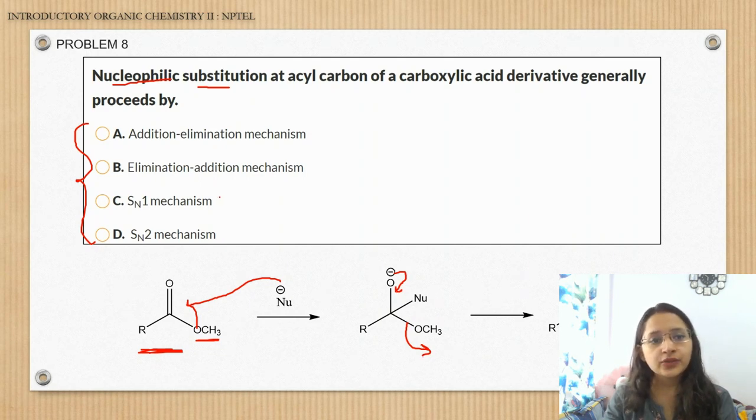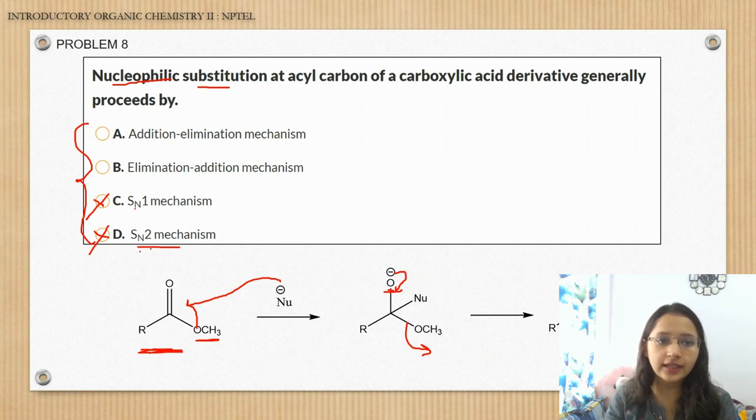So it is not following the SN1 mechanism, nor the SN2 mechanism, because in SN1 a carbocation is getting formed, and here no carbocation is formed. In SN2 a carbon anion is getting formed, but here it is an oxyanion. So it is not an SN2 mechanism either.